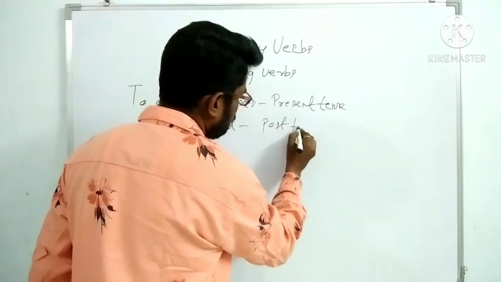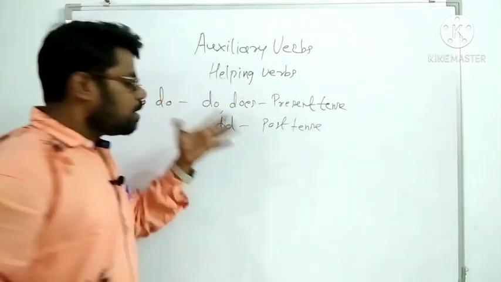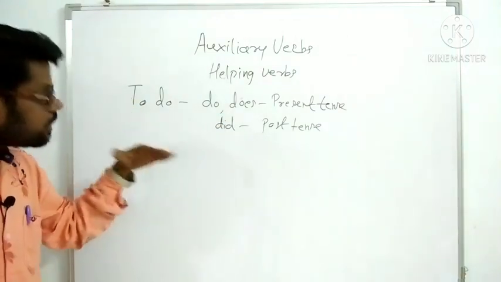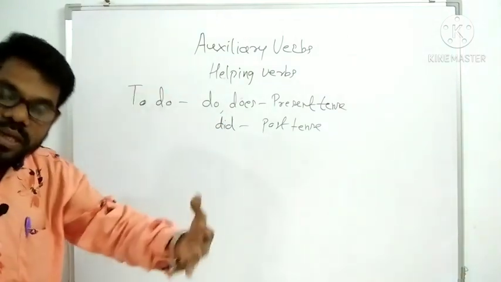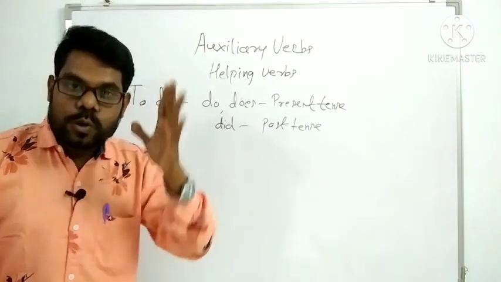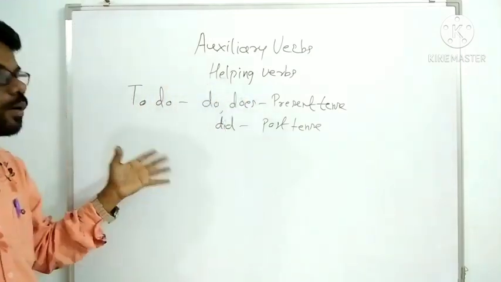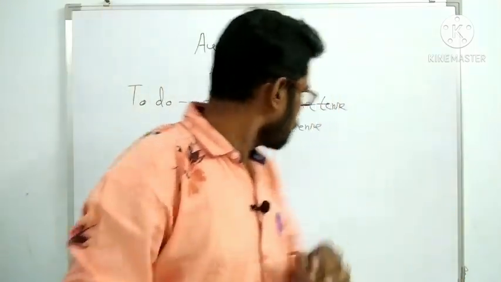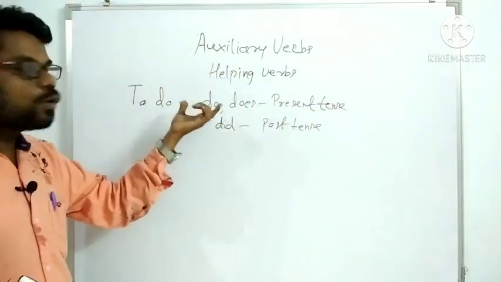Okay, mostly for what purpose do we use this? For constructing a question, for making a negative sentence, or making any kind of WH question or yes no type question, we use these to do forms.